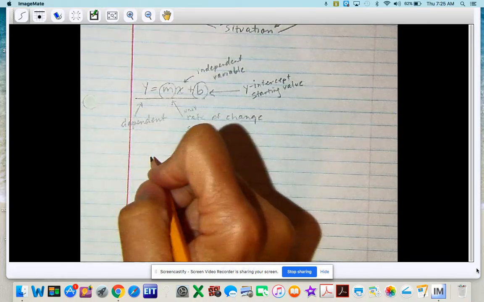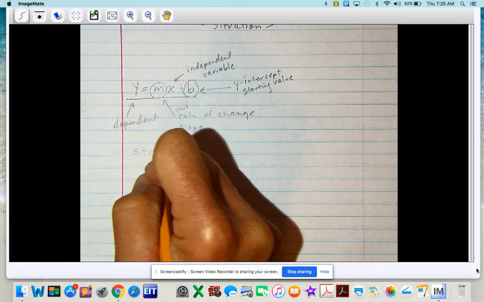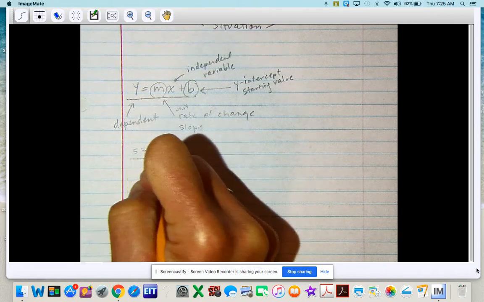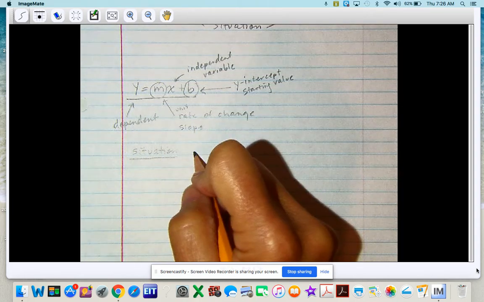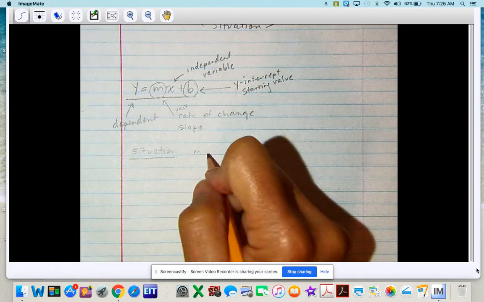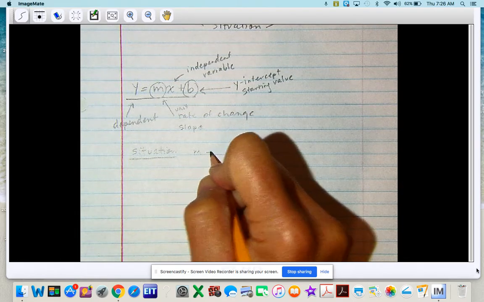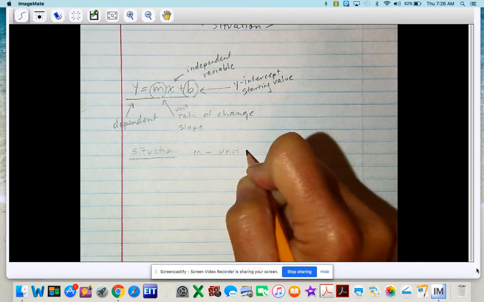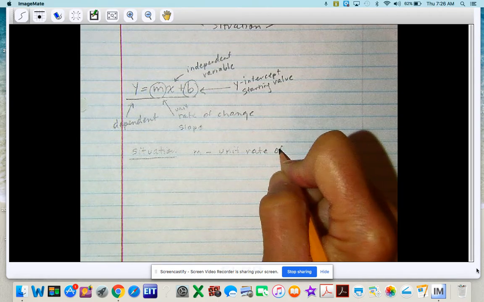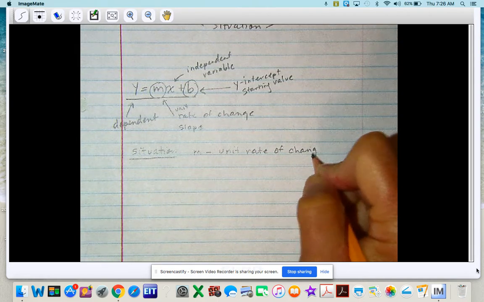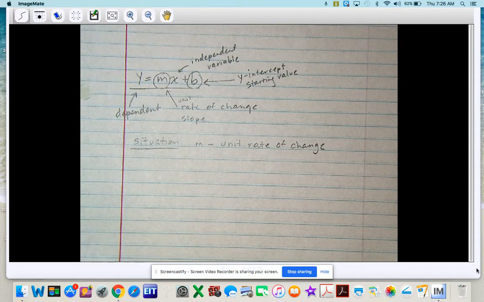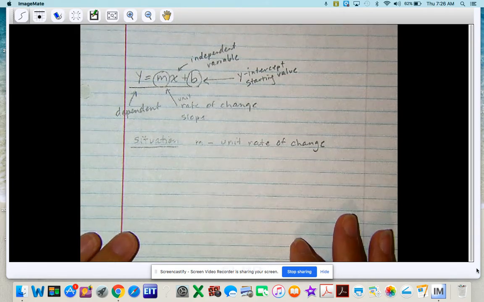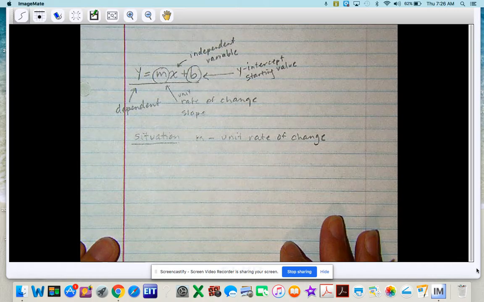So if I had a situation like a tile pattern, some kind of story, what would the m be? How would I find that in a story? Well, if it's a linear relationship, the m would be whatever the unit rate of change is. So in our tile problems, it would be the amount of change from each figure number, how many additional tiles were added on.